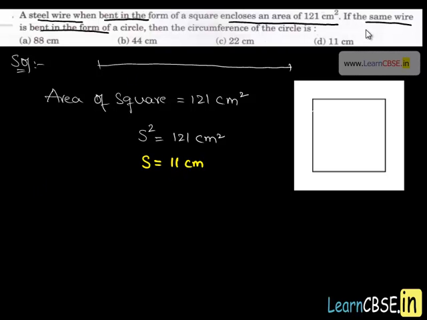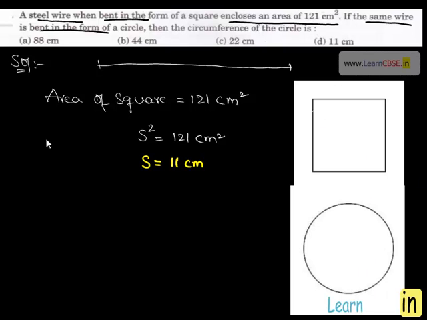In the next case, the same steel wire is bent in the form of a circle. It should be noted that the same wire is used to form a square and a circle, so the circumference of the circle is equal to the perimeter of the square.